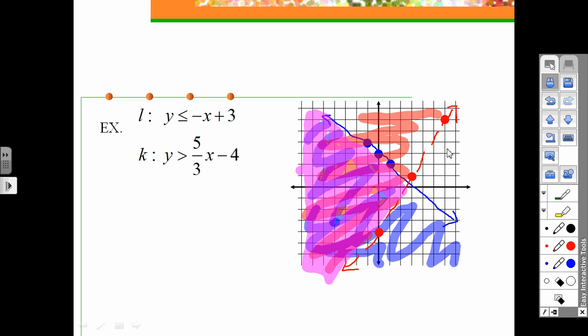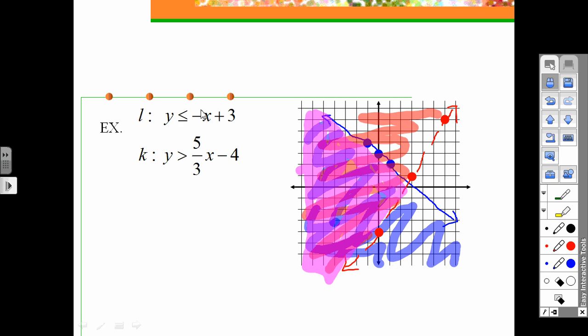So if I had picked a different point, so say I had picked this point right here, which is 1, 2, 3, 4, 5. Say I picked 5, 0 and plugged that in. Is 0 greater than 25/3 minus 4? Well, no, it's not, but that's kind of a messy thing to plug in, right?